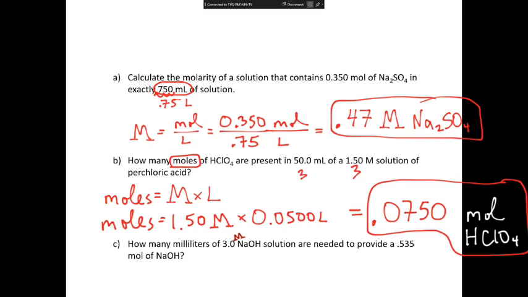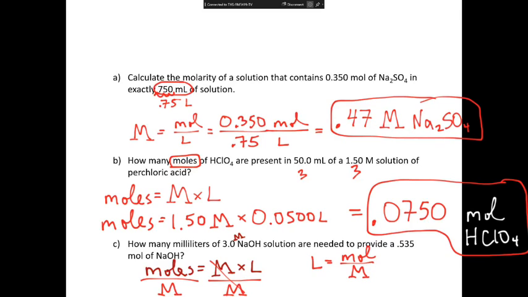So for a question like this, I like to start it off with this version of the equation, moles equals molarity times liters. Then I can see I need to get to milliliters, but I'll solve for liters in this equation. If I divide by molarity, on that side it'll cancel. So moles divided by molarity is how I can get liters. I'm trying to write with my finger on here because my stylus is dead.